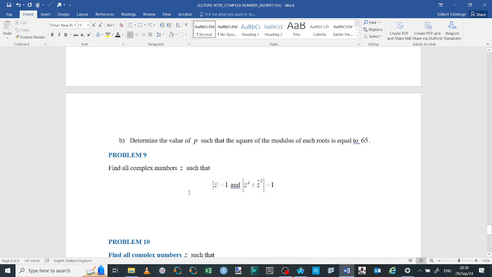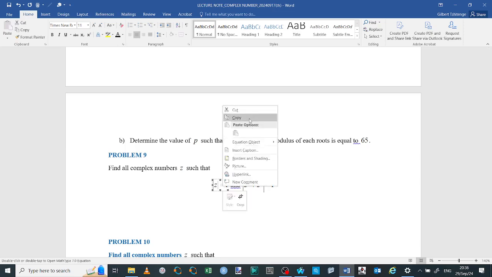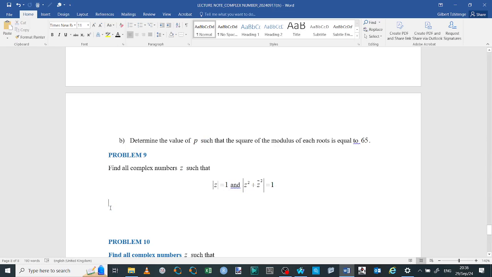I must find all the complex numbers z such that this is equal to that one there. We can do it in many ways, but you have just to use some way that is actually convenient to us.